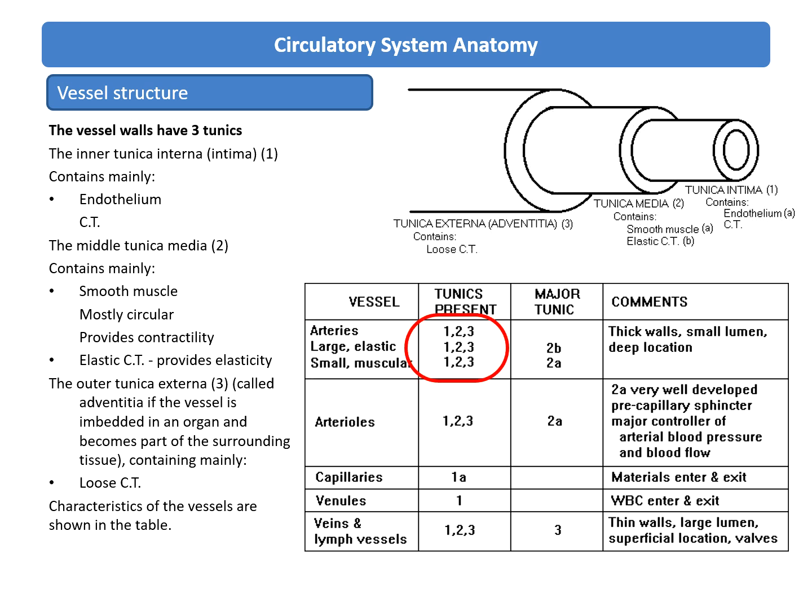All the arteries contain all three of the tunics, but the large elastic arteries have a well-developed elastic connective tissue part, whereas the small muscular arteries have a well-developed smooth muscle component. Generally, arteries are thick-walled, they have a small lumen, and they're usually in a deeper location in the body.